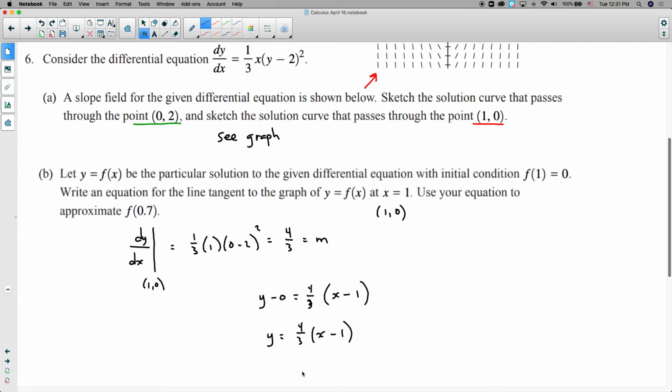So let's just read it one more time. Let y equal f of x be the particular solution to a given differential equation with the initial condition f at 1 equals 0. Write an equation for the line tangent to the graph. So as soon as they start talking about write an equation for the line, I'm thinking y equals mx plus b, and I need to know a few things in order to do that.